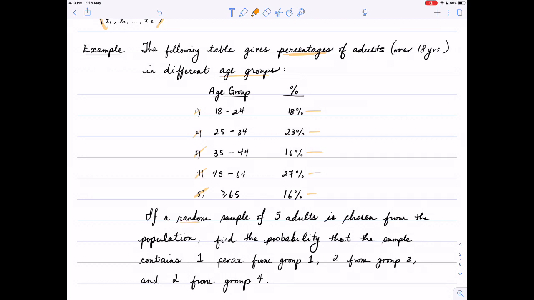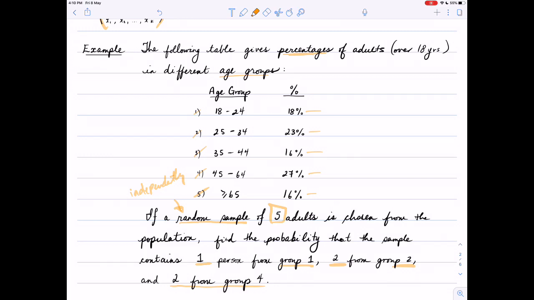If a random sample of 5 adults is chosen, a random sample tells us that those are taken independently. If a random sample of 5 adults is chosen from the population, find the probability that the sample contains 1 person from group 1, 2 from group 2, and 2 from group 4.